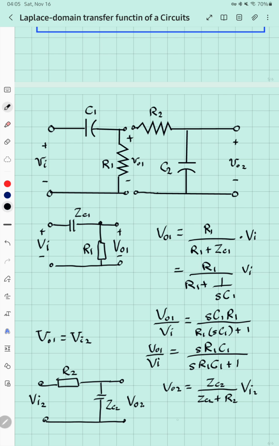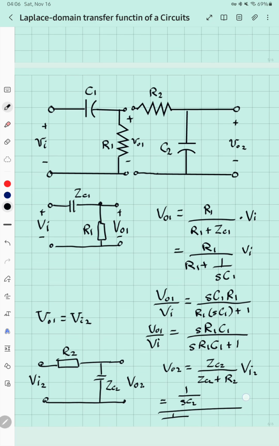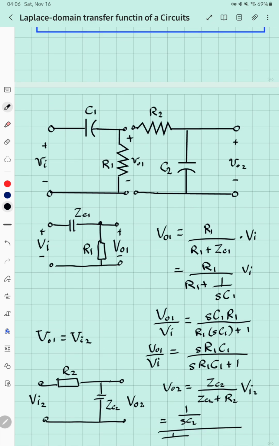You write it as 1 over SC2, over 1 over SC2 plus R2, times V in 2.